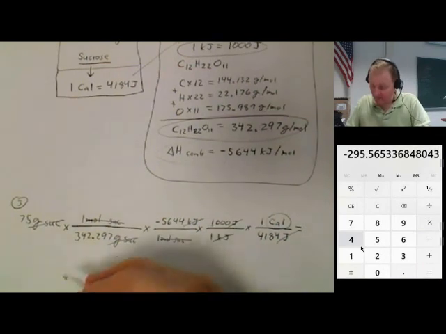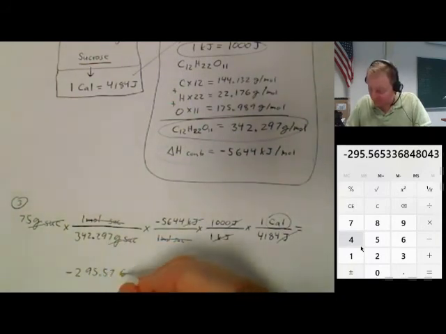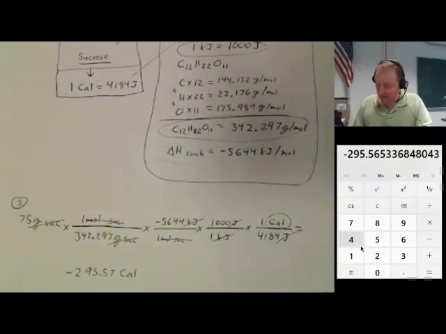So I've got negative 295.57 calories. Now the question is, how many calories are in this?